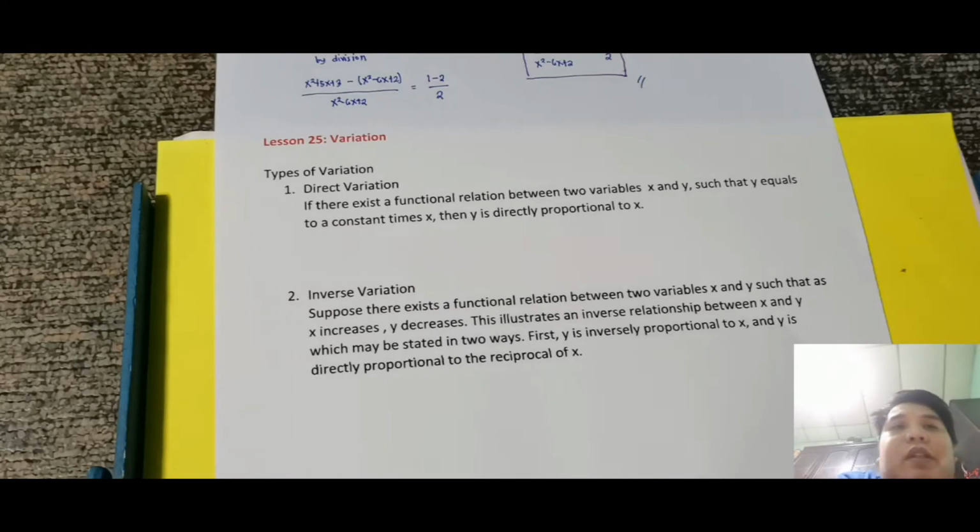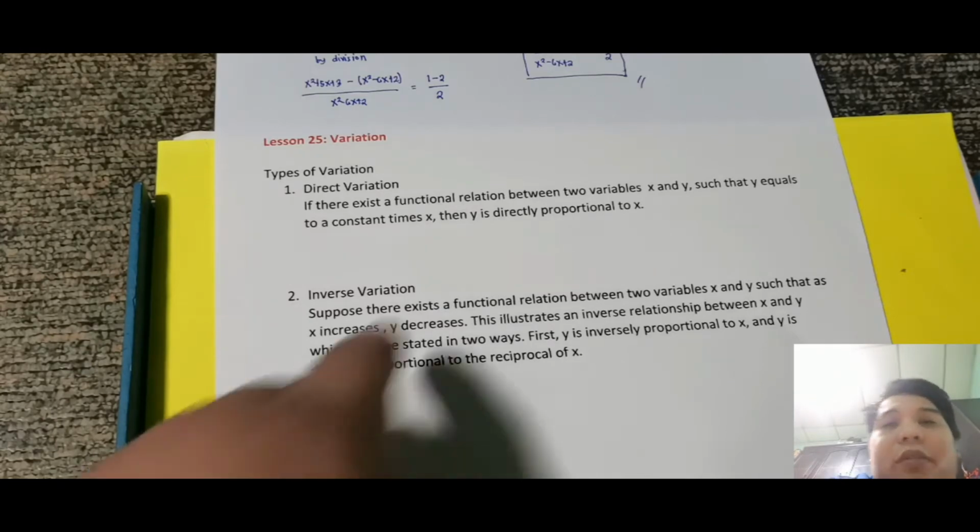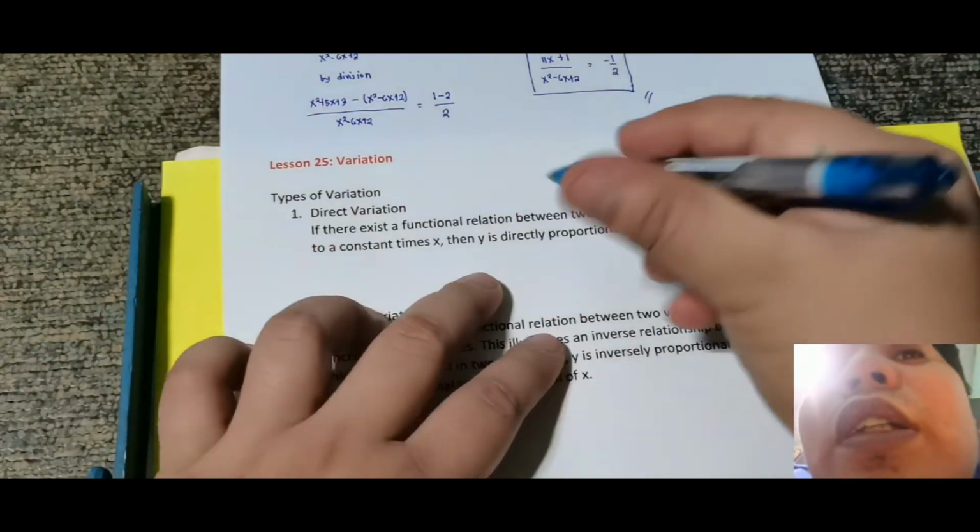Number 1, the direct variation. If there exists a functional relation between two variables x and y such that y is equal to a constant times x, then y is directly proportional to x. Ito yung mahalaga: y is directly proportional to x.